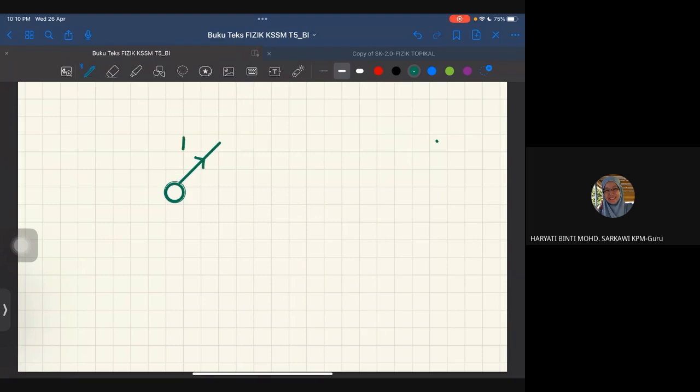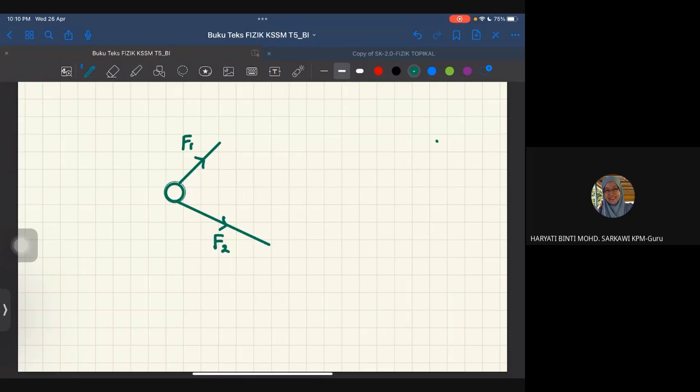This is F1. Another one is like this, let's say this is F2. And the ball accelerates. So when the question says the ball accelerates, does forces in equilibrium apply or not? No, right? So it means there is a net force.